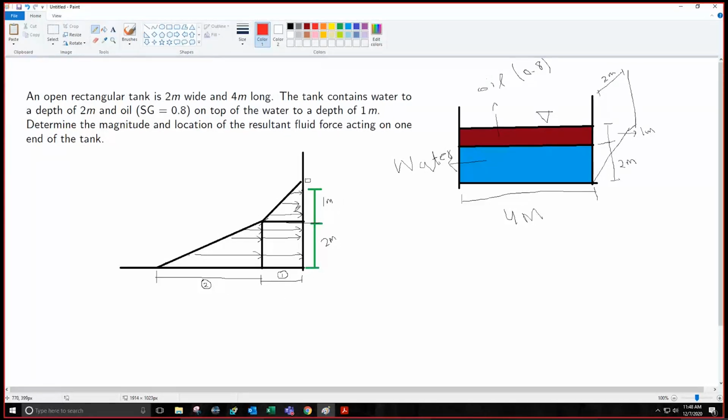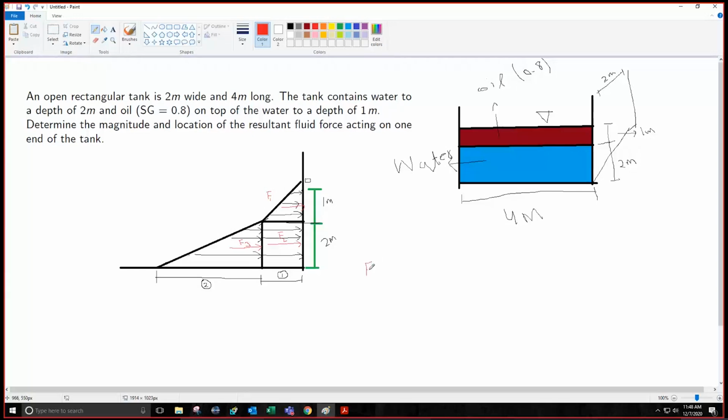We'll have basically 3 forces. One in this pressure prism as this red one as F1. Then F2 here in the rectangle, and then F3 again in this third triangle. So the resultant force would be sum of these 3 forces.